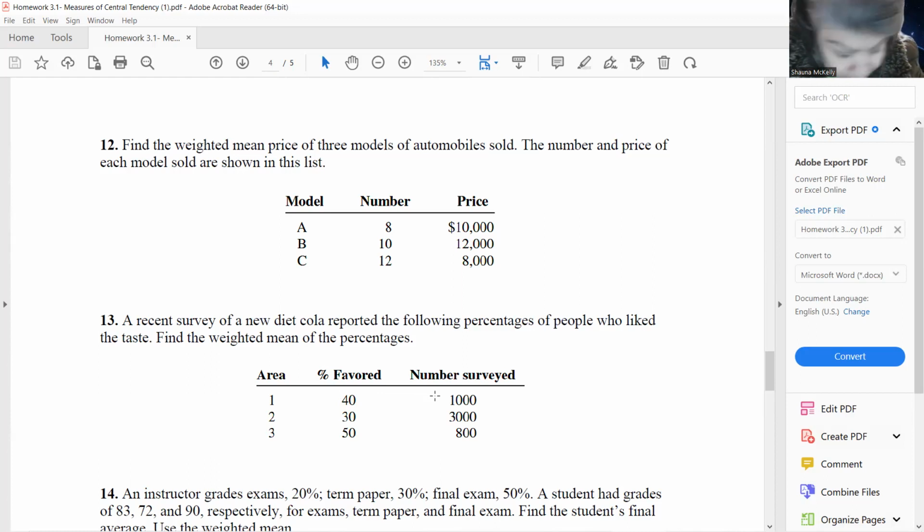We're going to do something similar here. This is area favored and the number surveyed. So, all right. We're going to do 13 here.